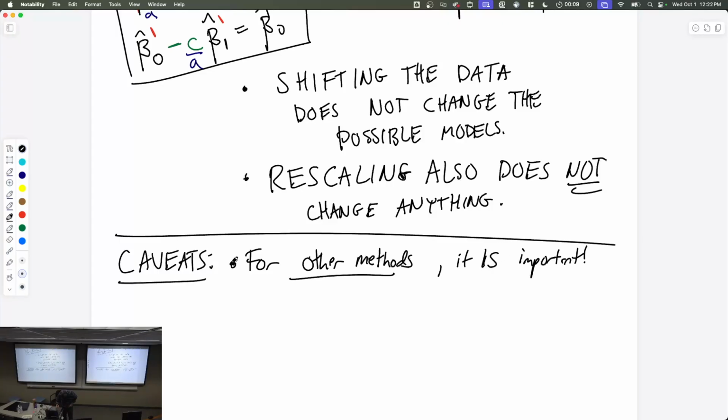That's the main thing. It really can matter quite a lot in other methods. Another thing is it can help with interpretation.